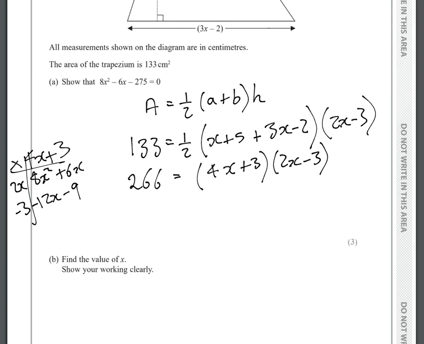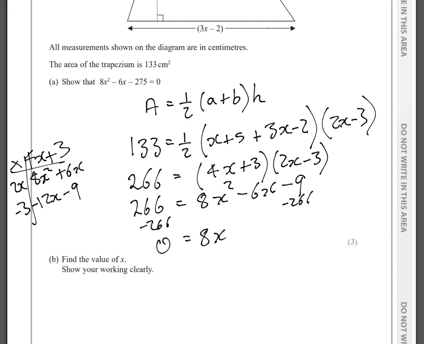That's 266 equals 8x squared, and we've got minus 6x altogether, minus 9. So we take away 266 from both sides, and we get 0 equals 8x squared minus 6x minus 275.